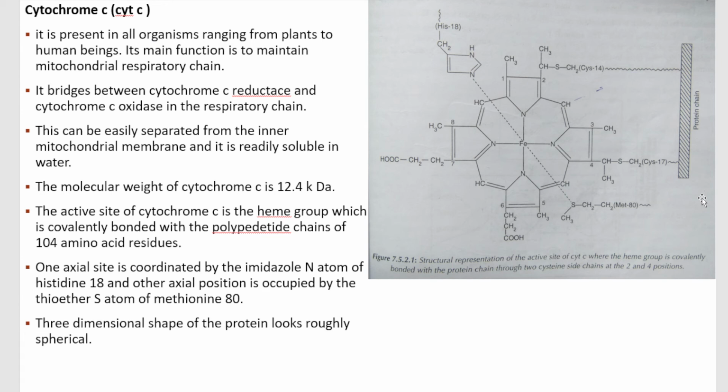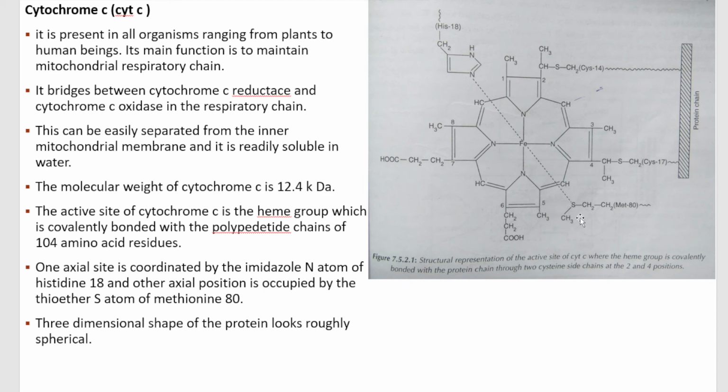Other than that, for this iron, the four coordinations are satisfied by the nitrogens of the porphyrin ring, and the fifth and sixth coordination, which we already studied, are satisfied as follows. The nitrogen of the imidazole ring of histidine 18 satisfies the fifth coordination, and the sixth coordination is satisfied by the S atom of methionine 80.